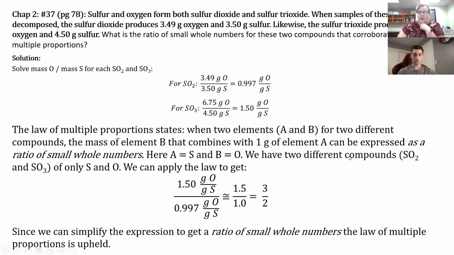So you apply that law to get a ratio of small whole numbers when it's a compound. And that gives you that there's 3, because we have 1.5 and 0.997, we can round those to 1.5 and 1, and we get a ratio of whole numbers when we multiply it by 2 to get the 1.5 to be a whole number. So that's how we get through 3. When it's a compound, we can round to make it a whole number.